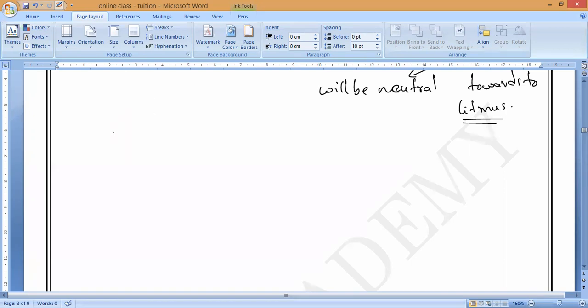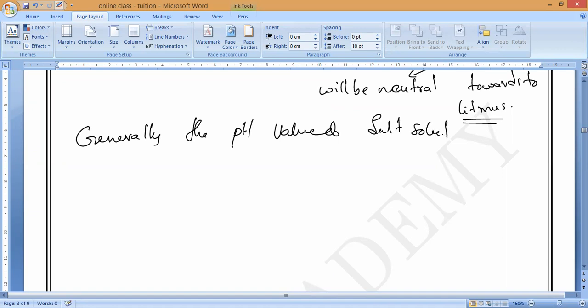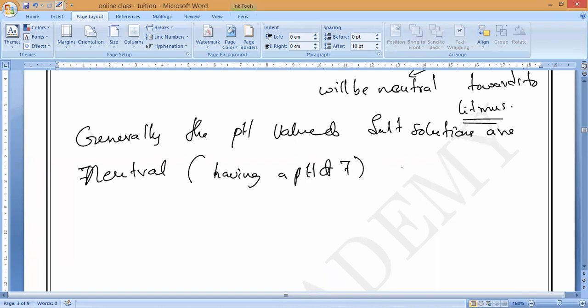Generally, what is the pH value of salt solutions? Note it down. Salt solutions are 7. Salt solutions are neutral in nature. Neutral means having a pH of 7. Understand?